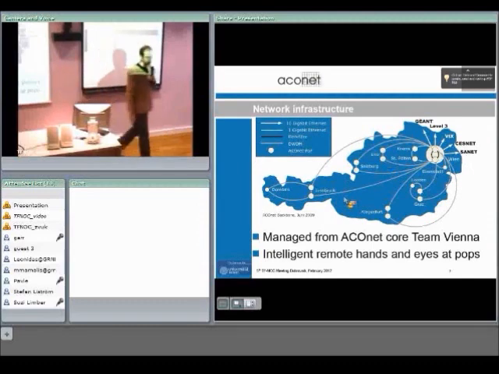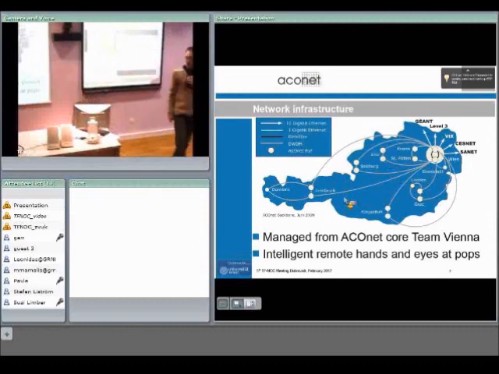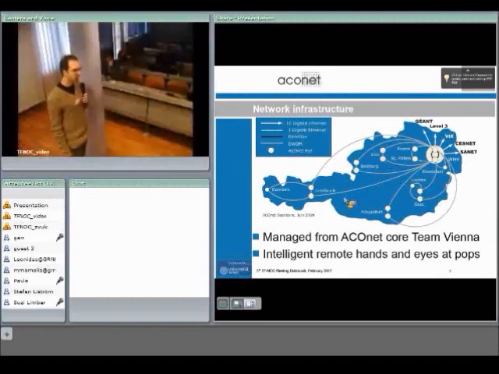So normally we have the idea of having the POPs at the local biggest member that is connected to ACOnet, and they get some kind of responsibility in case of troubleshooting. All of the operational and planned, scheduled things are operated by us. But if something goes wrong, for example, these people there have the enable password for repair. This normally works quite well, as the biggest connected member on a POP has the greatest interest in having the network.